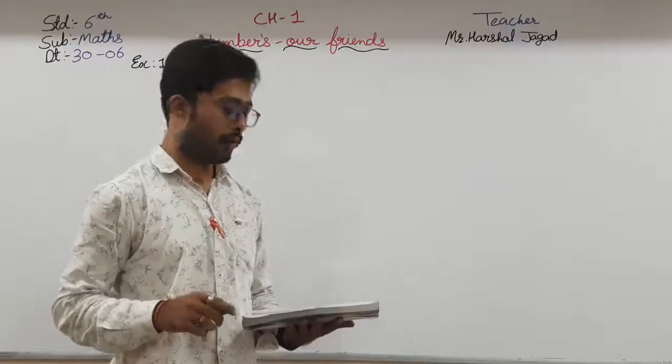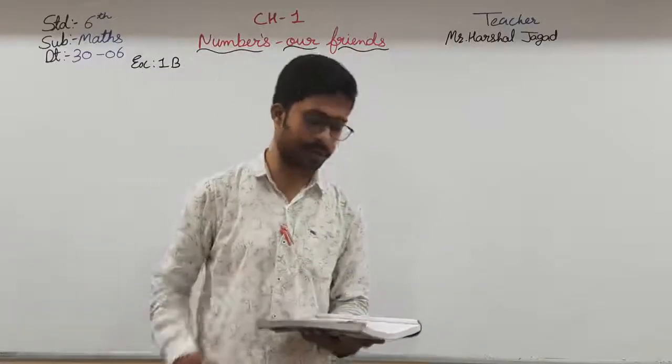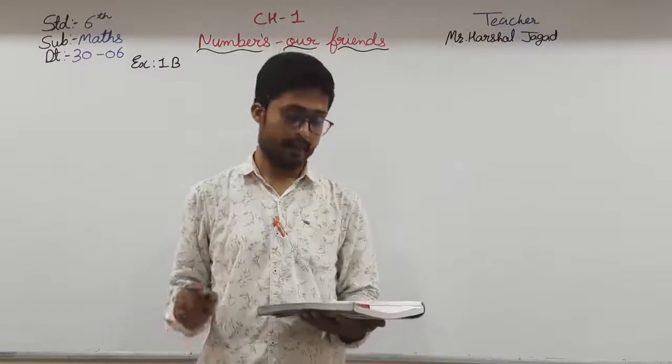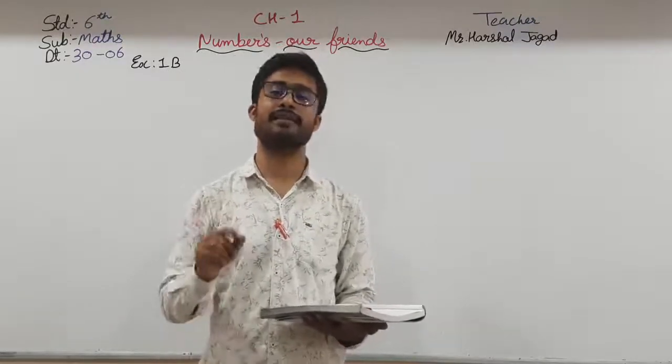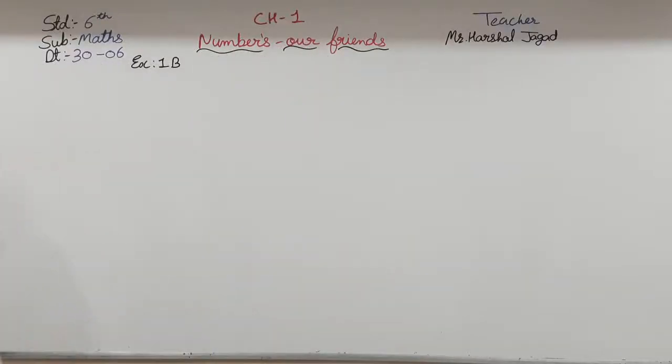So here, according to example number 11, you can see how many 8-digit numbers are there in all. There, first we write the largest 8-digit number. So here, first we will write the largest 6-digit number.